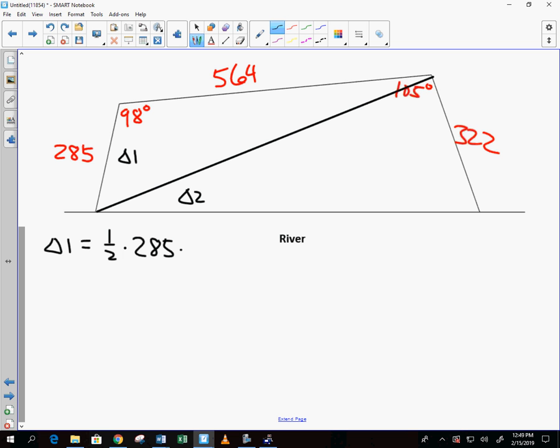1/2 times 285 times 564 times the sine of the included angle. Remember, if you get a side angle side, then that's the formula you use. The two sides times 1/2 times the sine of the included angle. Everybody good? Let's multiply that out.